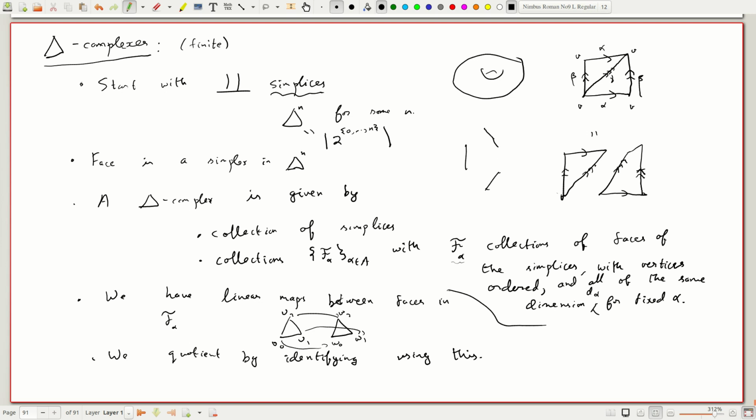Then they should all go into the same F. And we order these vertices. We specify the order of the vertices when we are writing them in F_alpha. And we identify these together by the linear maps corresponding to the order. The result is what is called a delta complex. Okay, so we can define simplicial homology for these.